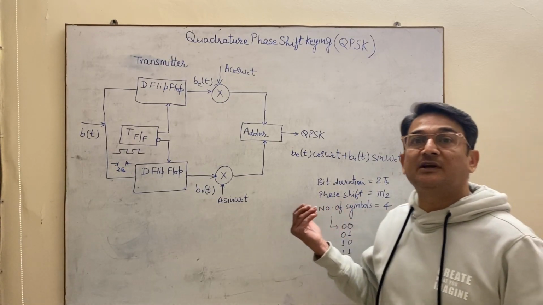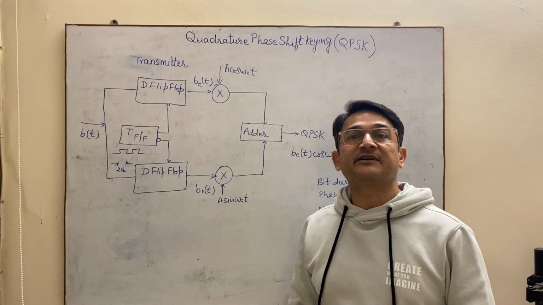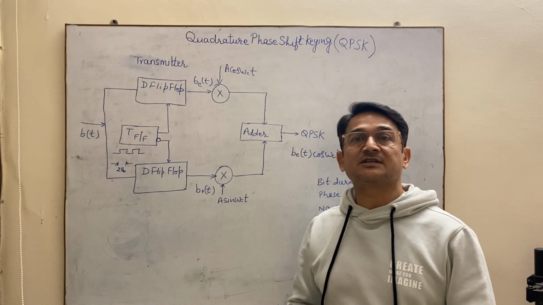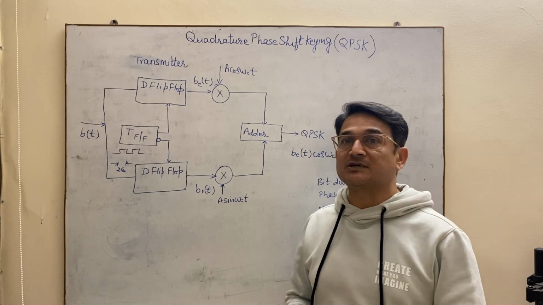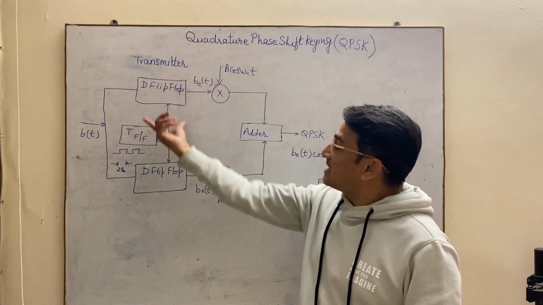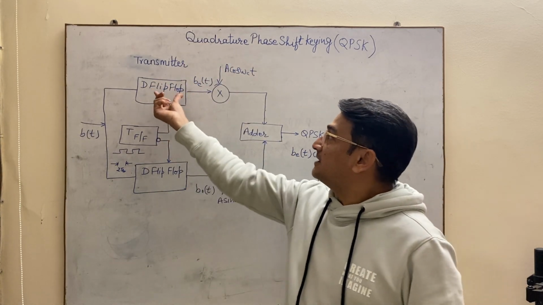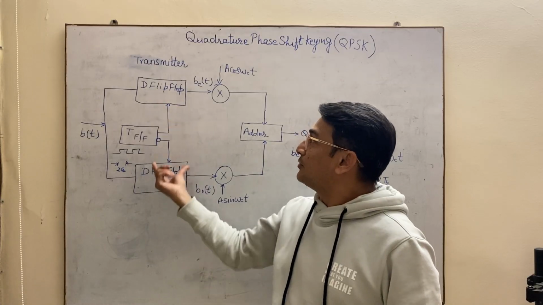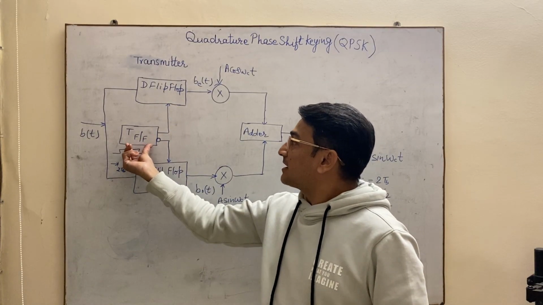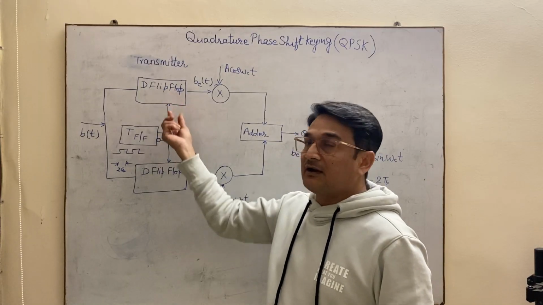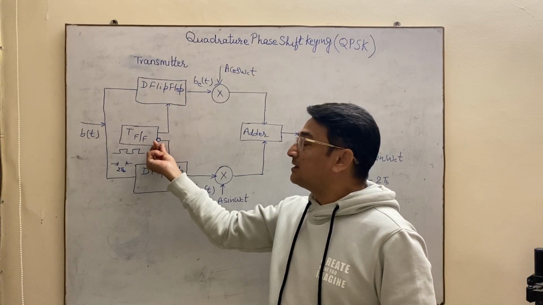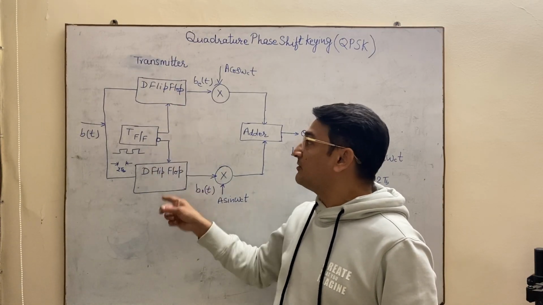Now we will first discuss the QPSK transmitter, and then we will discuss the QPSK receiver, how the QPSK transmitter and receiver work. Here you can see the transmitter. In this transmitter, you are using two D flip-flops which are connected through a toggle flip-flop, one directly and another with a bubble, that is an inverted clock.